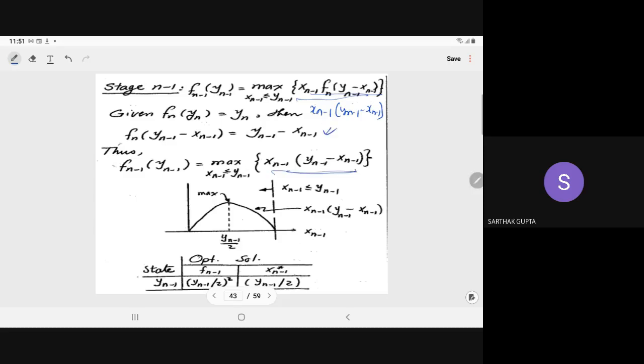So you know that it is the equation of a parabola, right? So we have to optimize it.